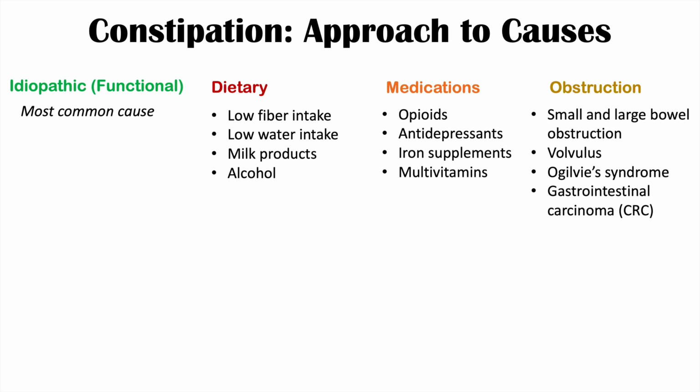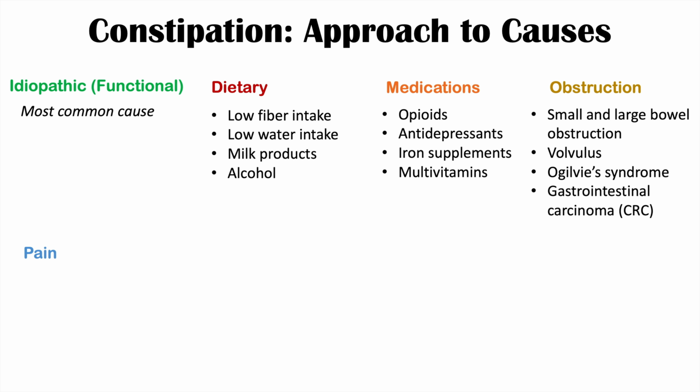So certain obstructive causes like small and large bowel obstructions, a volvulus, which is a twisting of the large intestine, Ogilvie syndrome, which is pseudo-obstruction, and then gastrointestinal carcinomas like colorectal cancer, which is colon cancer. If there is a tumor that is blocking the large intestine, then stool will not be able to pass. So that can be an obstructive cause as well.